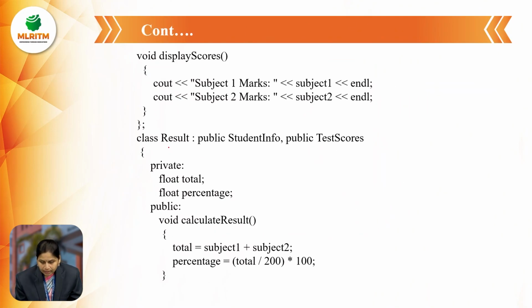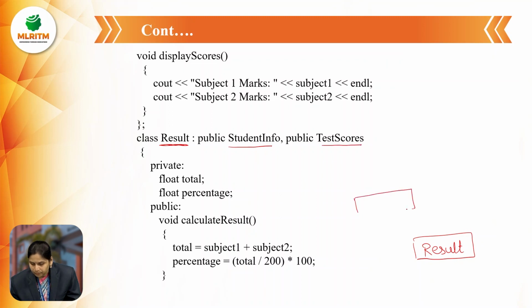Now here is class result. It is a child class. It is derived from 2 base classes. One is student information and the second one is test scores.